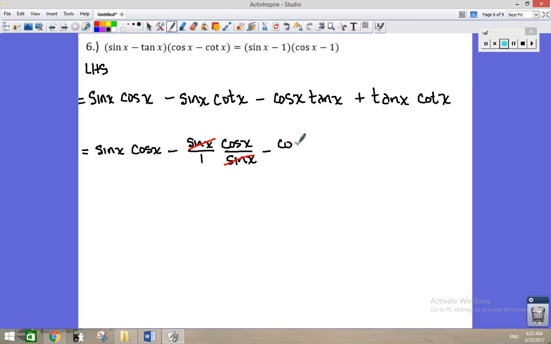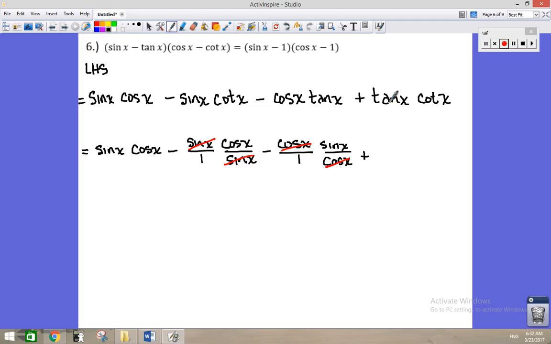So the same thing happens here. Tangent of x is the sine of x over cosine of x. And these common factors in the numerator and denominator divide to 1. Well, these guys are reciprocals of each other. And when you multiply reciprocals, you get 1.